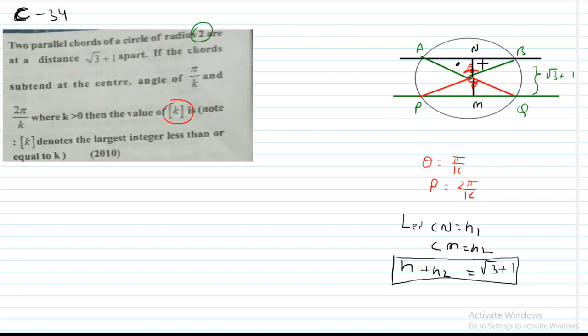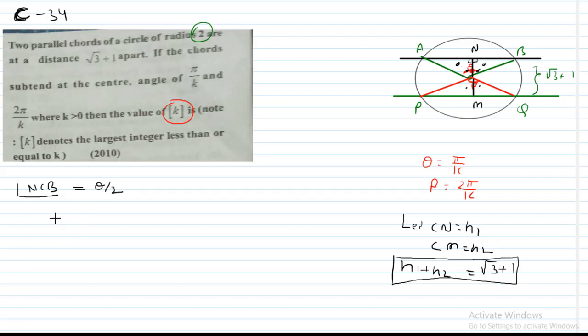Obviously these two triangles are congruent. Perpendicular dropped on a chord will bisect it, no? So here 90 degrees, these two are congruent triangles. That's why this angle is theta by 2, this angle also theta by 2. This is beta by 2, this is beta by 2. I will take this angle NCB equal to theta by 2.